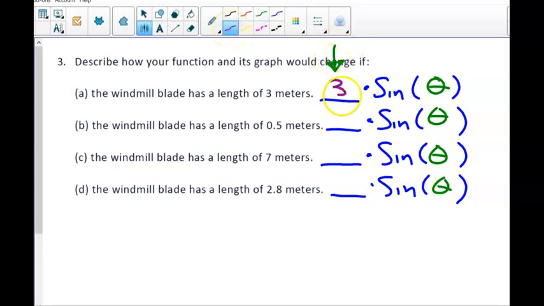So for the first one, it's going to be 3 times the sine of theta. So whatever sine of theta is on the original unit circle, all the x's and y's, in this case y, will now be 3 times longer than it was on the unit circle. This one here will be 0.5 times the sine of theta, 7 times the sine of theta, and 2.8 times the sine of theta.